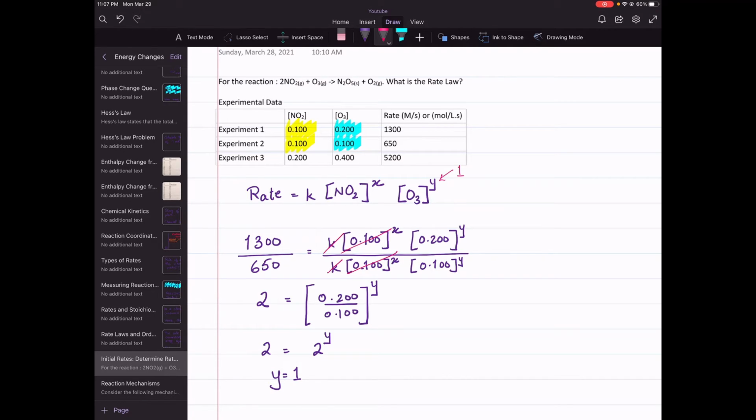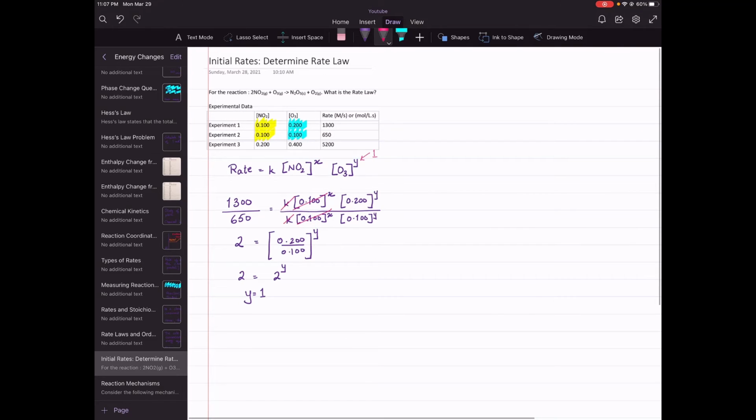We have to do the same kind of idea for the other reactant so that we can figure out the impact of the NO2. So in this case, you have to look at the data where the NO2 is changing. Okay, so let's try this out.